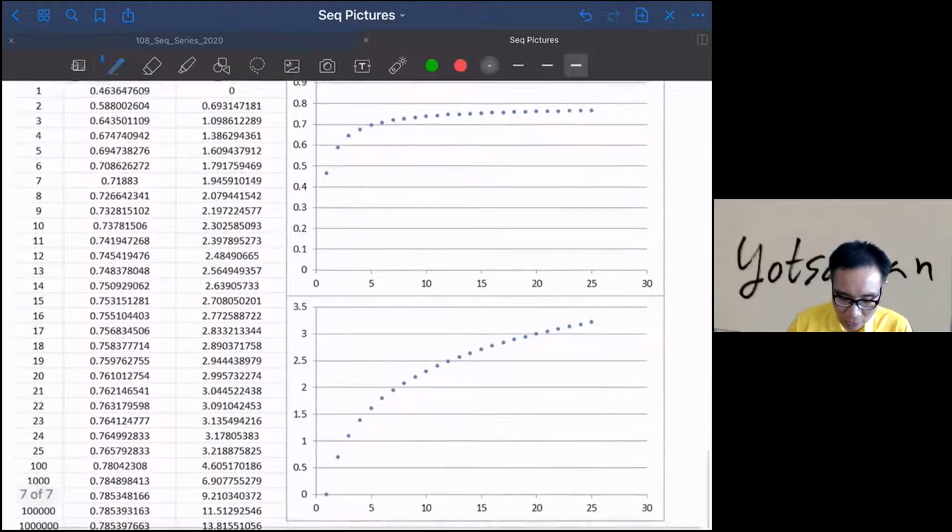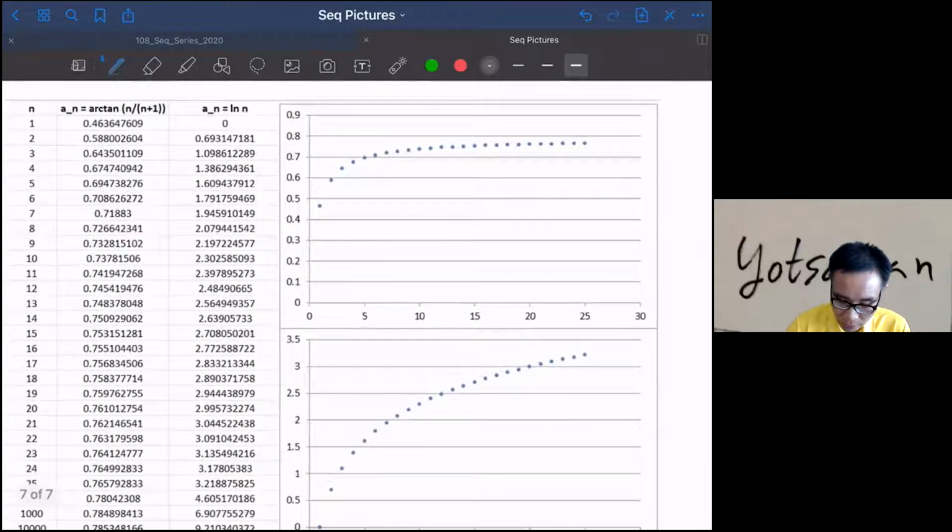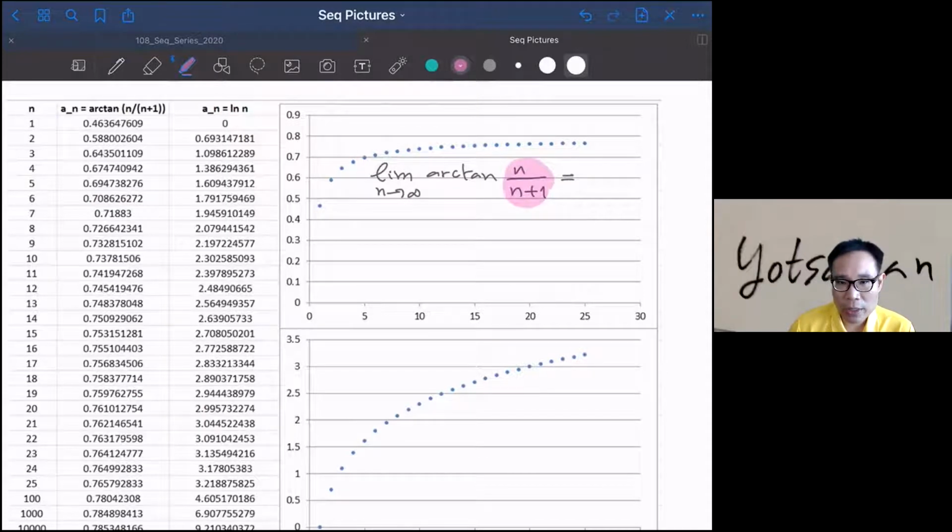For this one, it's the limit as n goes to infinity of arctan of n over n plus 1. If you consider the limit of the pink part only, it turns out to be equal to 1.